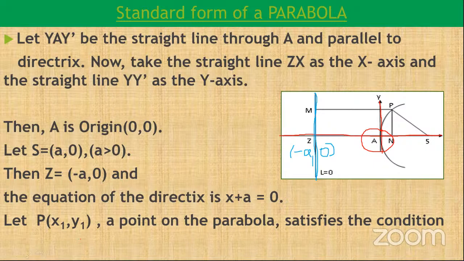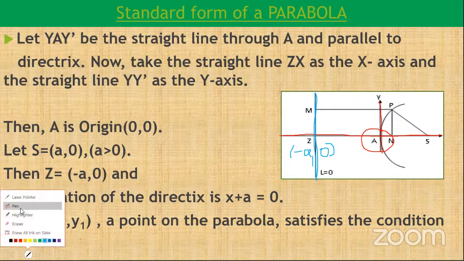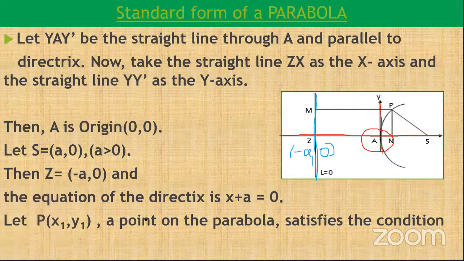I'm sorry, we have to take that P be a point; we should not take a point on the parabola now. Let us take that P satisfies the condition SP is equal to PM. Now we show that P is on the parabola.